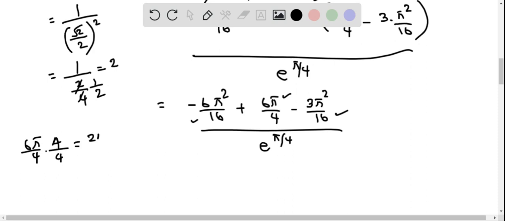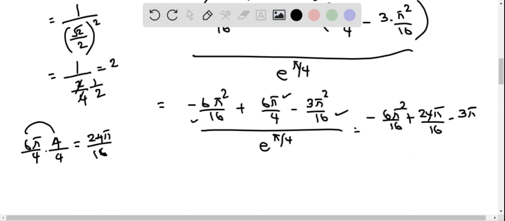So therefore this becomes 6 times 4 is 24 pi by 16, which I'm going to write here. We have negative 6 pi squared by 16 plus 24 pi by 16 minus 3 pi squared by 16, and this is over e raised to the power of pi by 4.